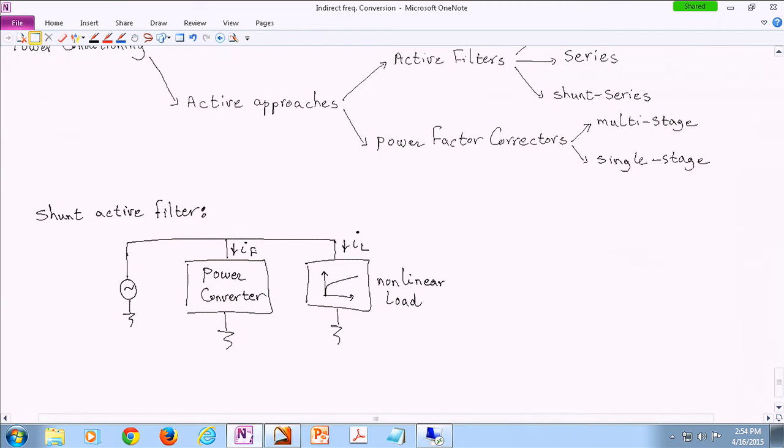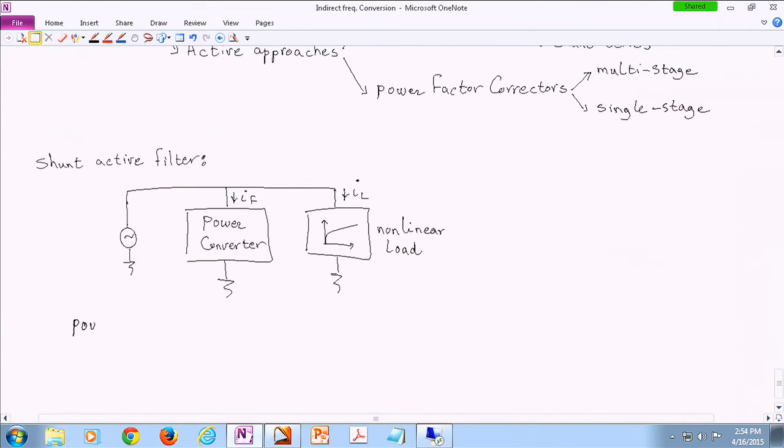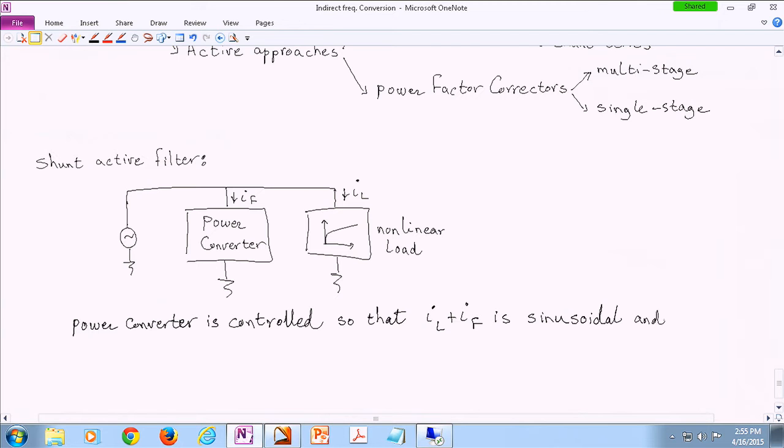And we control the power converter in a way that IF plus IL, which is the total amount of current drawn from the source, is sinusoidal and in phase with Vn.